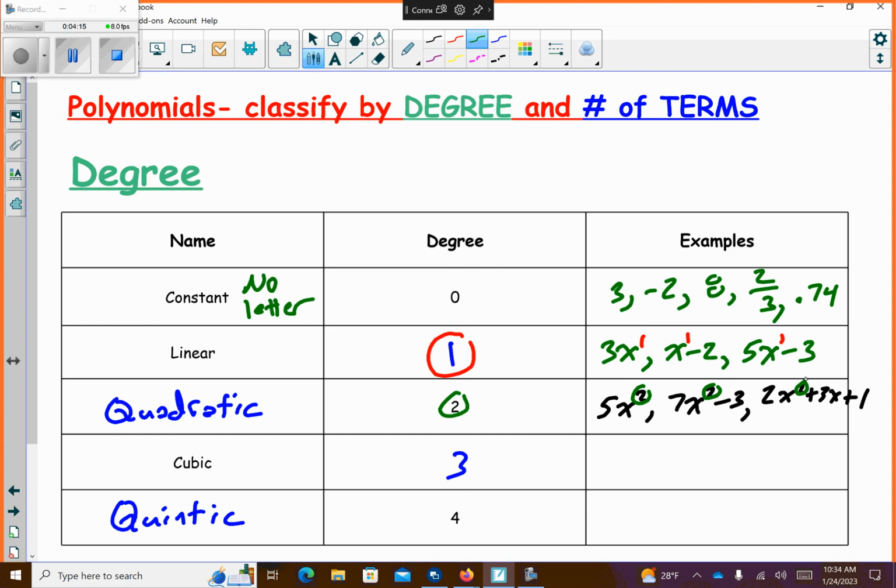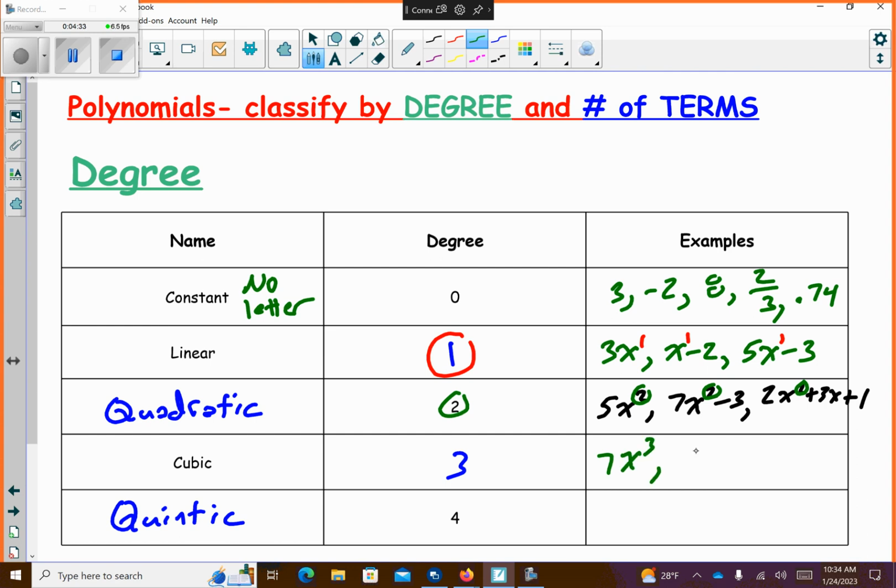Is anyone seeing the trend? No letter is a constant. Linear, our highest power is 1. Quadratic, our highest power is 2. So what do you think cubic's highest power would be? 3. So this would be like 7x to the third.